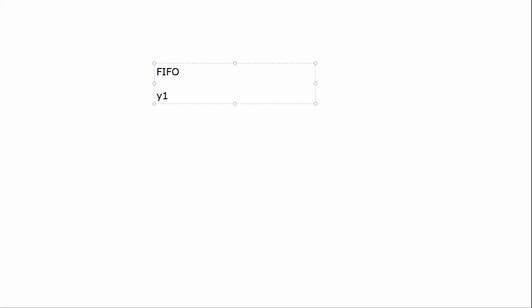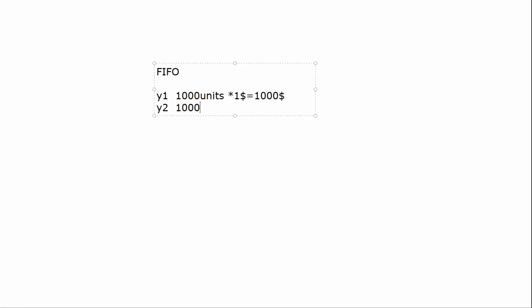So whatever came first, they will go out. So in year 1, we received 1,000 units and we will sell them for $1. So the cost of that unit will be $1, which is equal to $1,000.